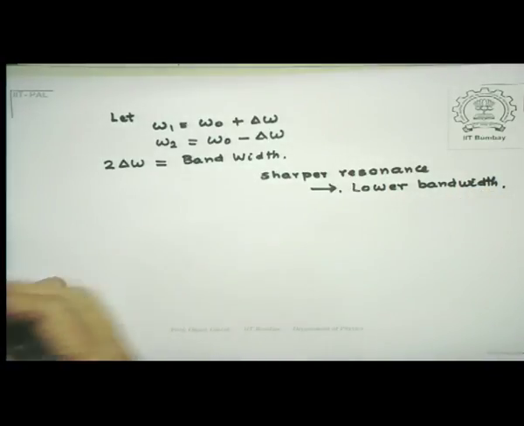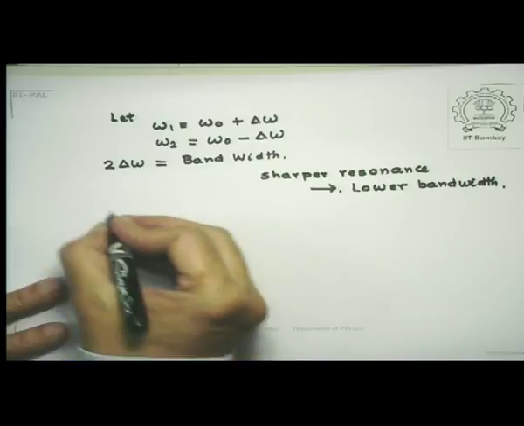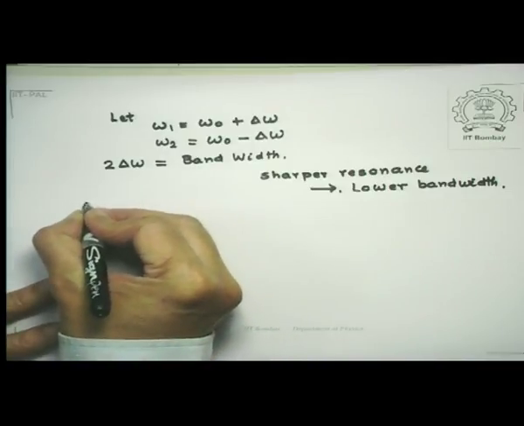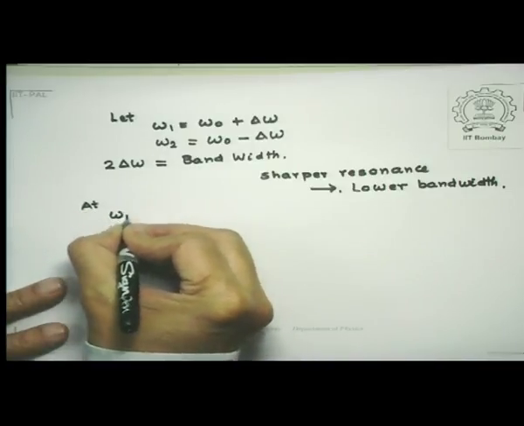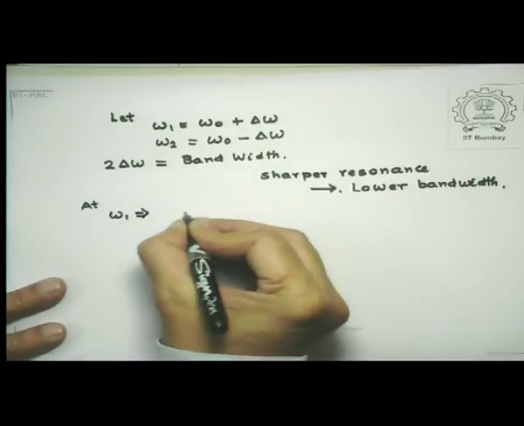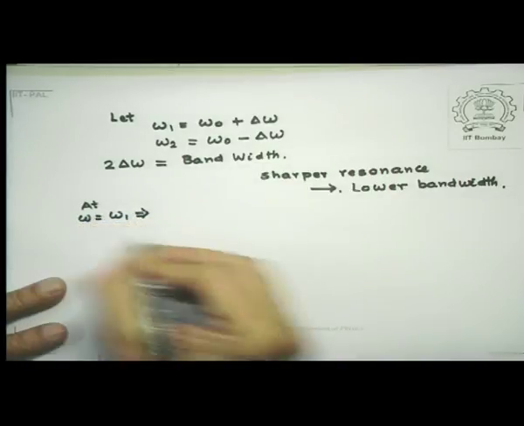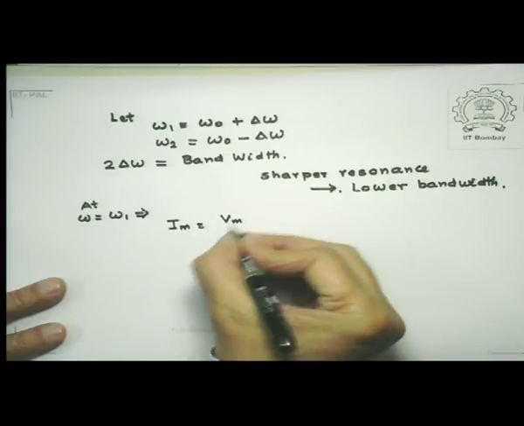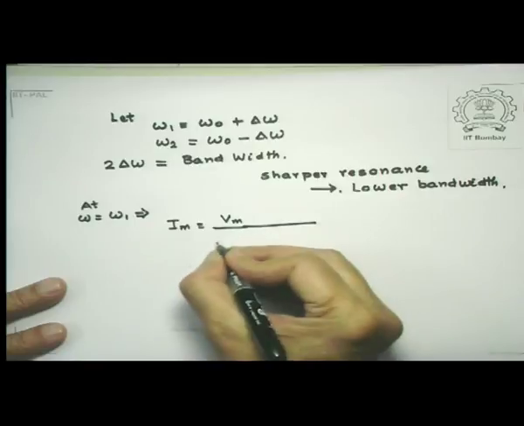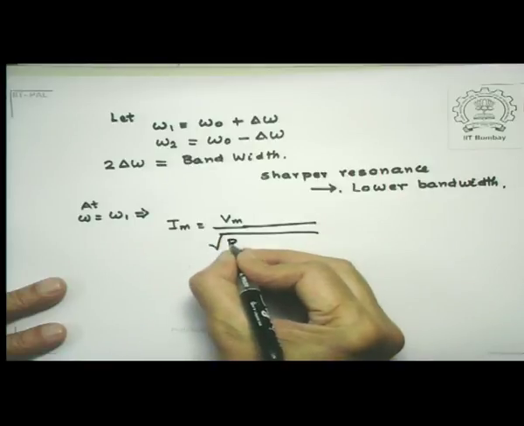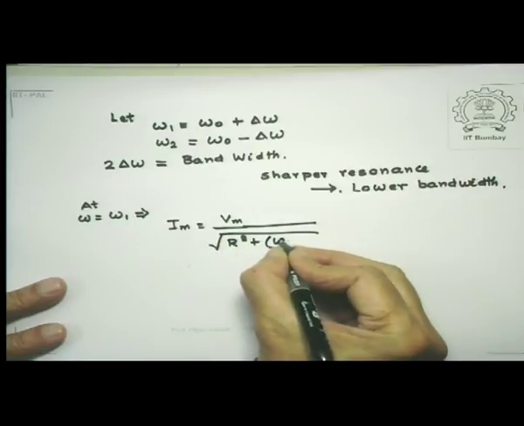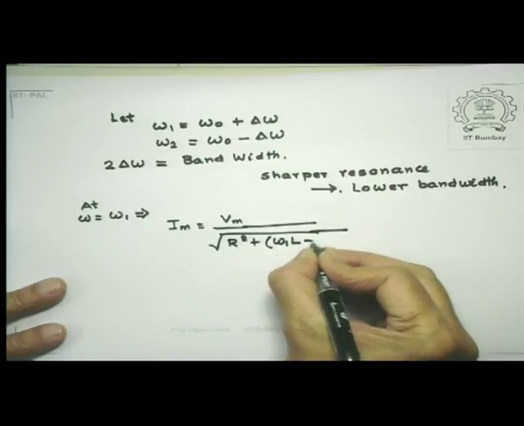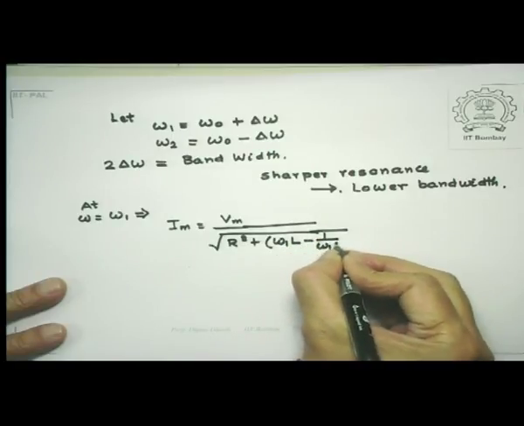Now let's look at the point omega 1. At omega equal to omega 1, I have got Im equal to Vm divided by square root of R square plus omega 1 L minus 1 over omega 1 C whole square.